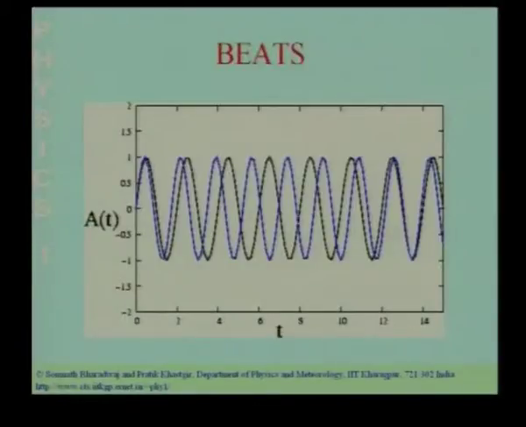This we can interpret physically. This is what I am going to do for you now. So, this picture shows you the two waves, and the oscillations of the two waves, they have two slightly different frequencies. So, omega 1 t and omega 2 t, there is a slight difference between these two. To start with, the difference is 0.